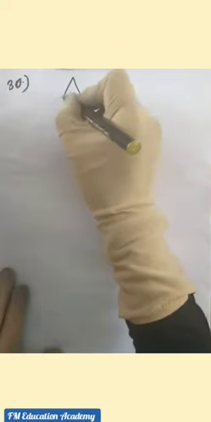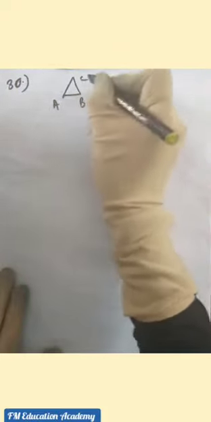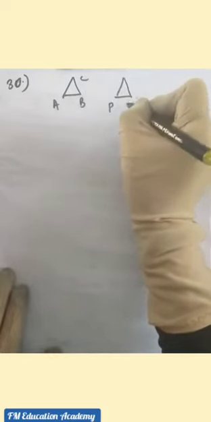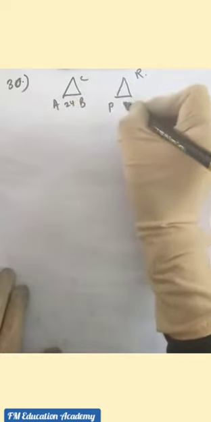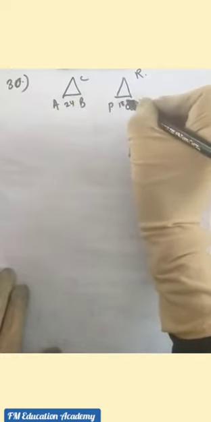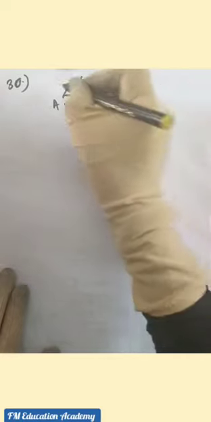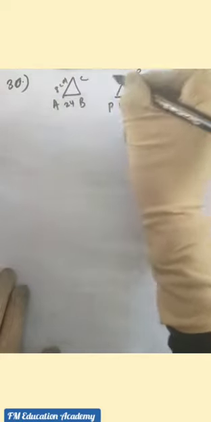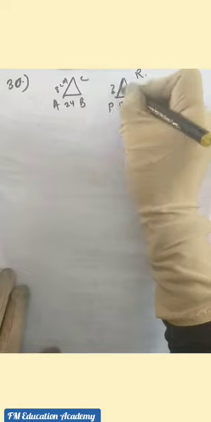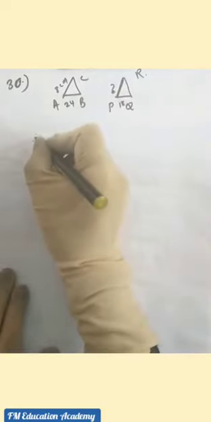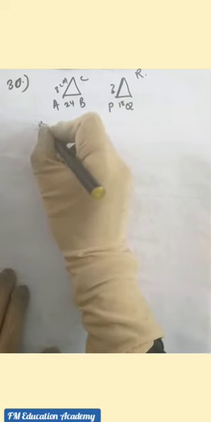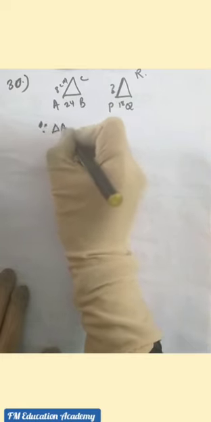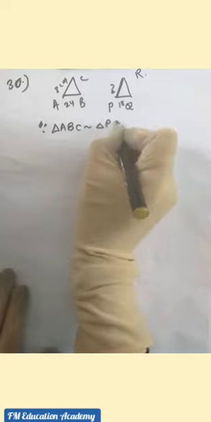Two triangles are given, ABC and PQR, let us suppose. Here it is telling that the bases are 24 centimeter and 18 centimeter, and one side of the first triangle is 8 centimeter. Then it is asking what is the other side of the second triangle. The triangles are similar, so triangle ABC is similar to triangle PQR.